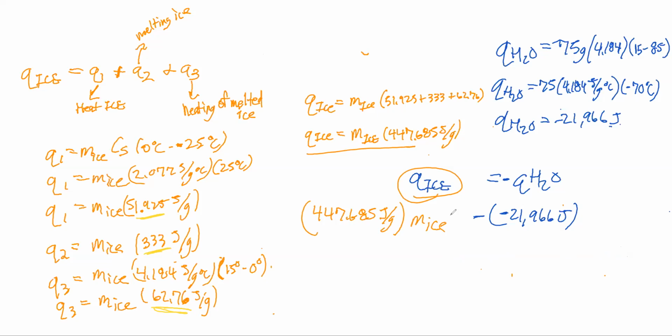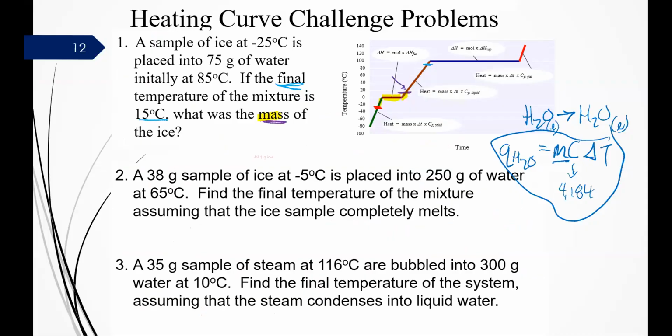We can put that in there and set them equal to each other. And so our mass of our ice becomes 21,966 divided by 447. We get 49.07 grams, 49.1 grams. And so if we take that and go back to our slide, we find out that our answer is 49.1 grams.